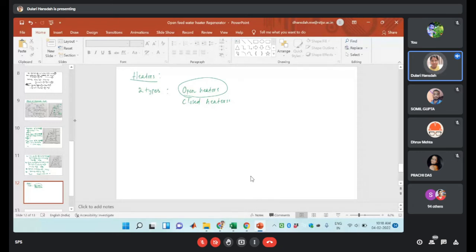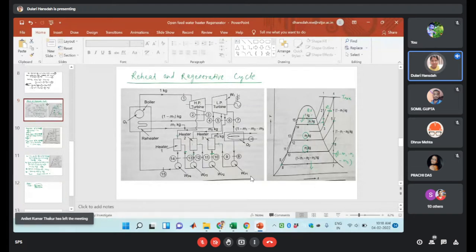Both the condensate and feed water will be mixed together and will leave the heater at a common temperature, and that will be pumped to another heater, or it may be pumped directly to the boiler pressure. So that is the open type or direct contact type of heater.